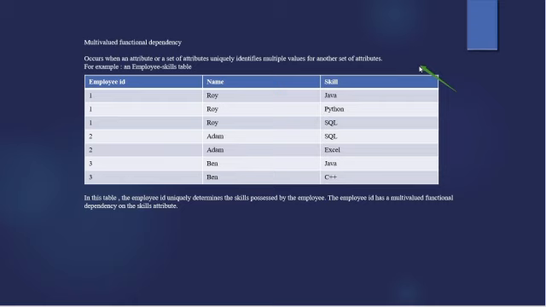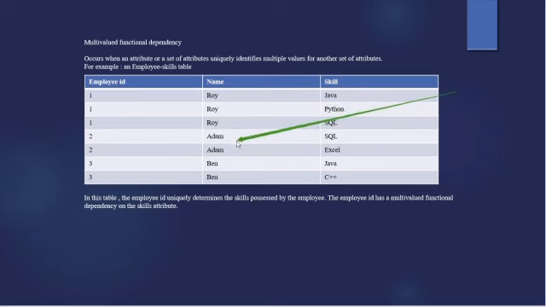Now the employee ID should then determine several other dependents on the name. It's only one name on the first employee ID. The name is one, but the skills are many, are multi-valued, are several. So we can say that multi-valued functional dependence is satisfied.